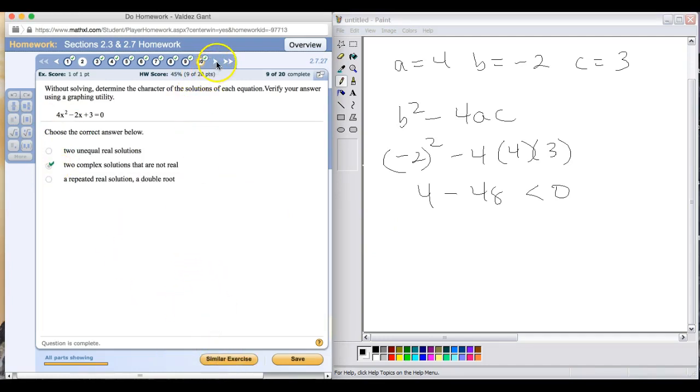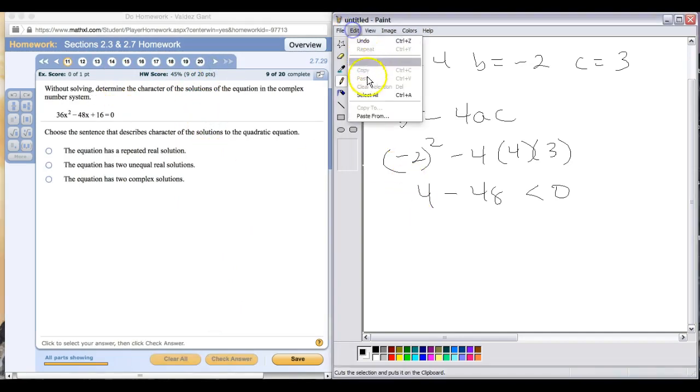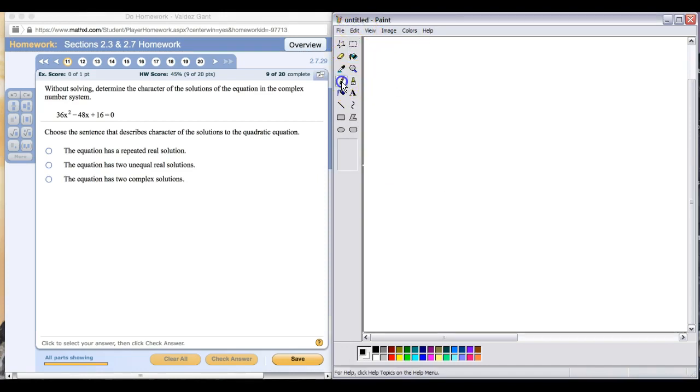We'll go ahead and move on to 11 and repeat the process. For this one, one of the things I would recommend to keep from having to do very large numbers is to see if we can factor anything out of this equation.